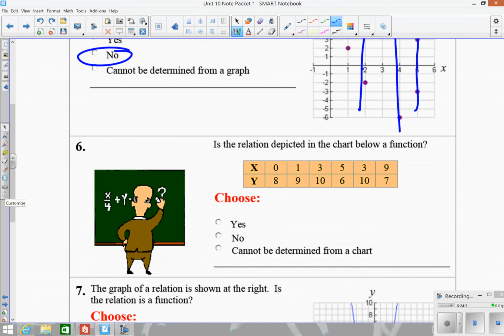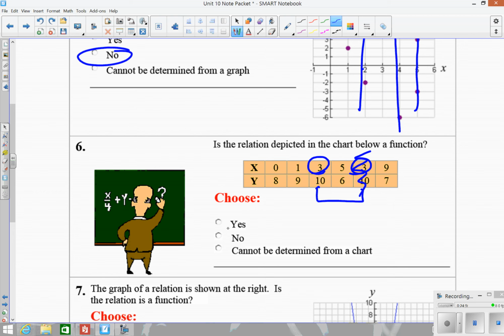This one is a tricky one, because if you look, you see, oh, we have repeated x values. 3 is listed twice, but you have to be careful because 3 is going to 10. So really, this is kind of like a trick question. They listed it twice, but this one doesn't even really count because 3 is going to 10, 3 is going to 10. So it's the exact same thing.